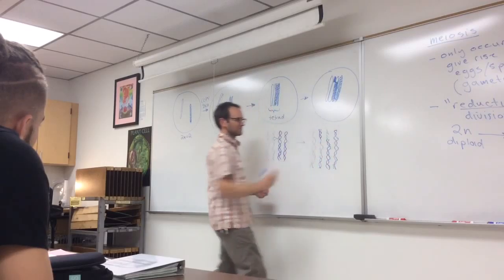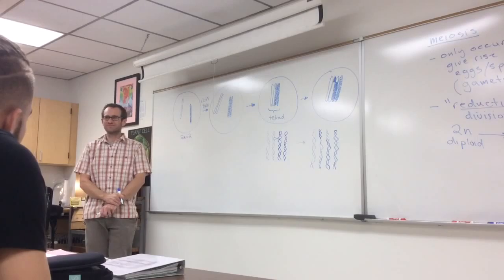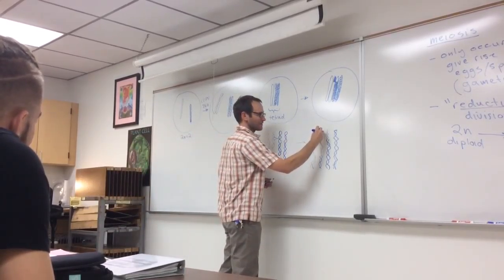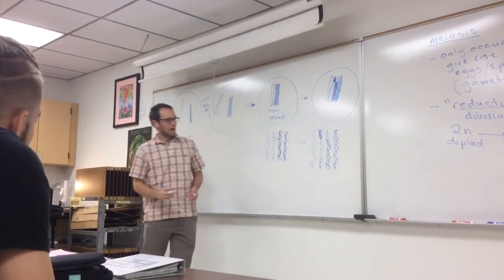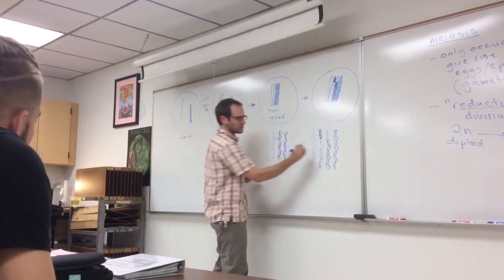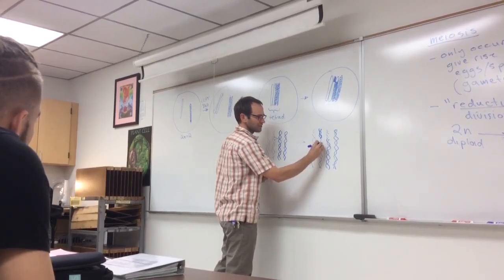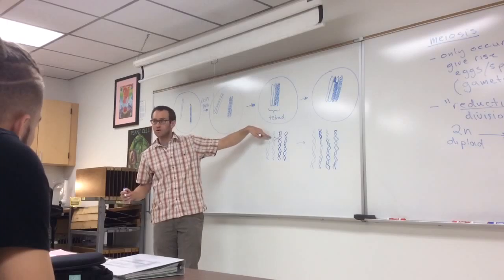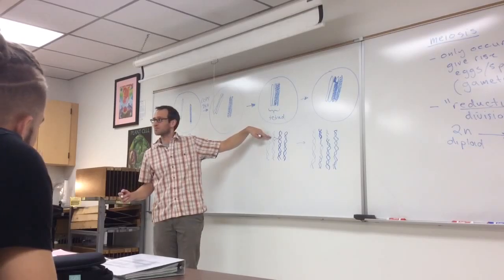Okay. So I hope what you can see, even though this sketch is not so great, is that I've moved part of dad's chromosome over onto mom's and vice versa.